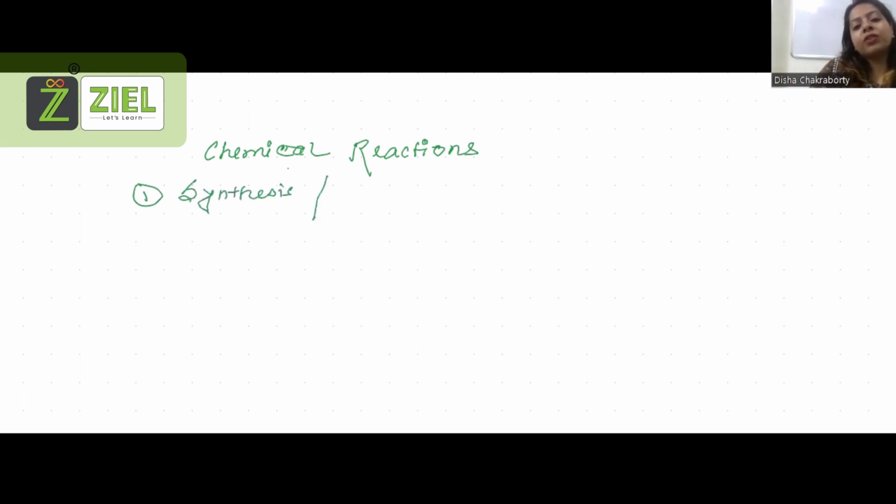Chemical reactions are of four major types. The first type is known as a synthesis or combination reaction. The second type is a decomposition reaction.